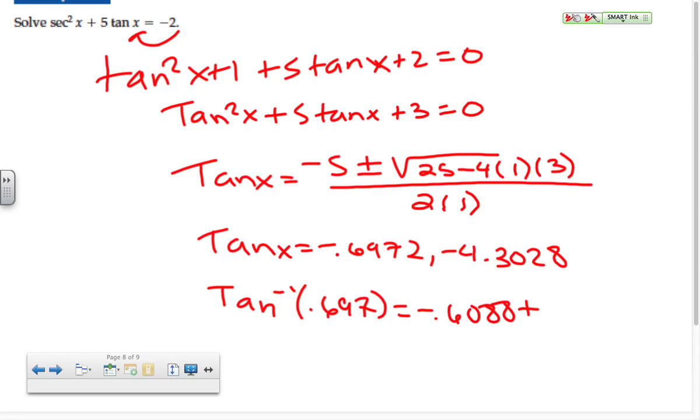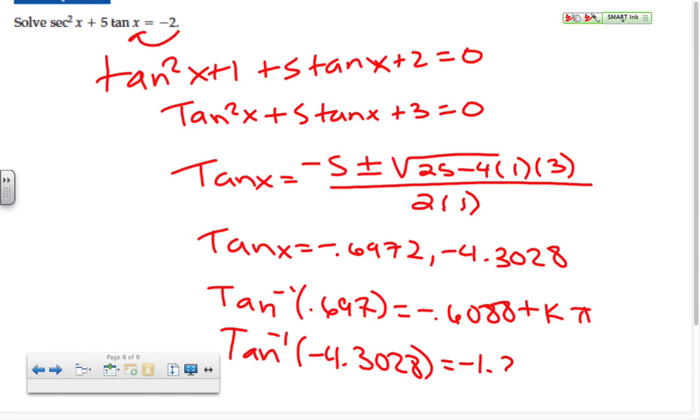Remember, tangent is plus k pi. And the inverse of negative 4.3028 equals negative 1.34324 plus k pi. All right, and that is it for the notes on this.